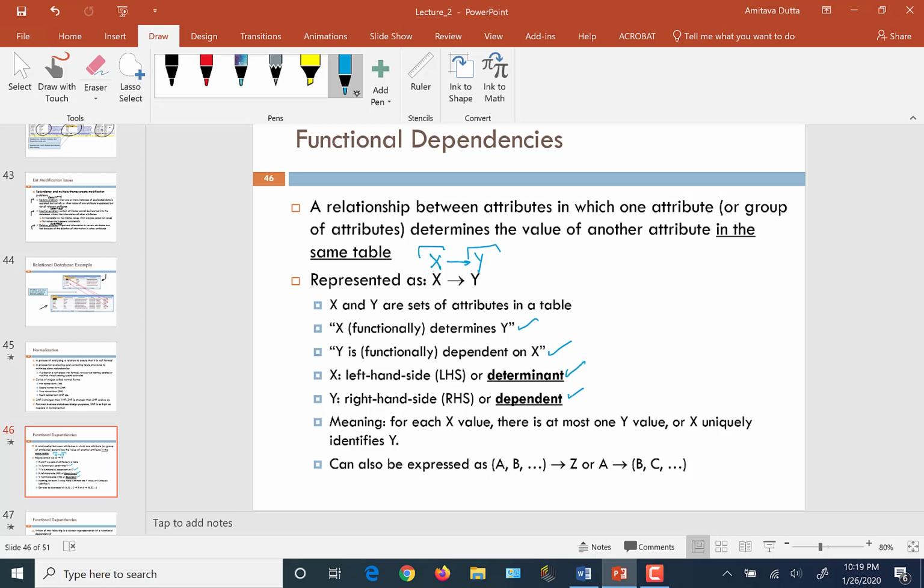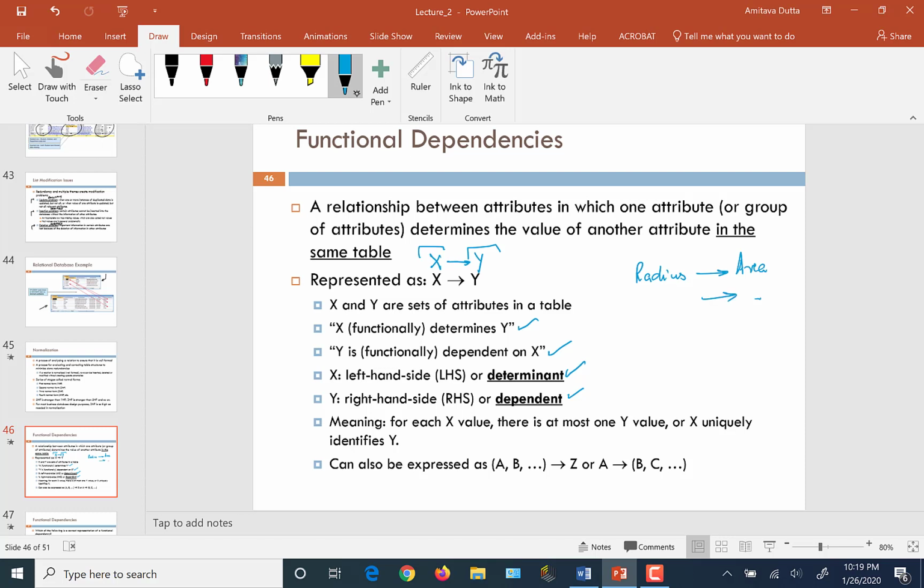To give you a simple example, if I know the radius of a circle, I know its area. If I give you one value for radius, you can give me exactly one value for area.